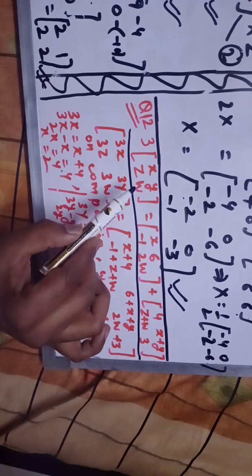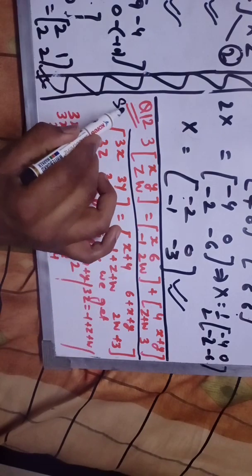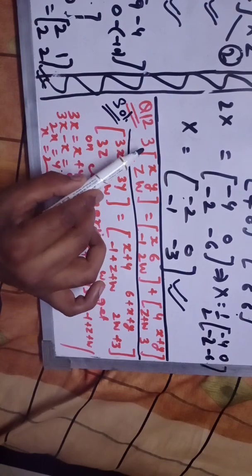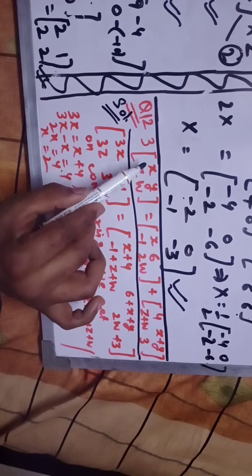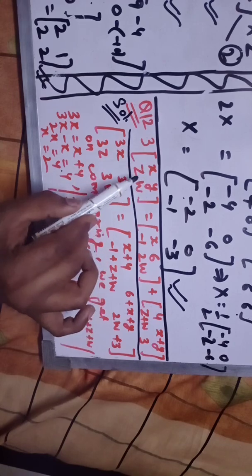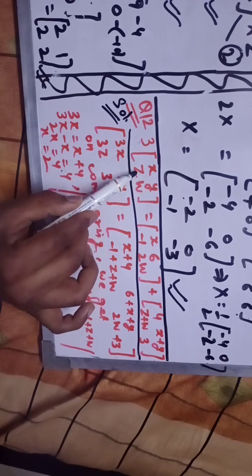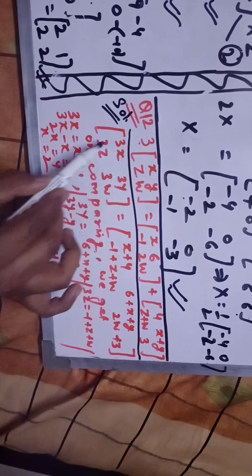Fine. So see, solution. What I'm doing, I'm just multiplying this 3 by every element of this matrix. So it would be 3x, 3y, 3z and 3w.